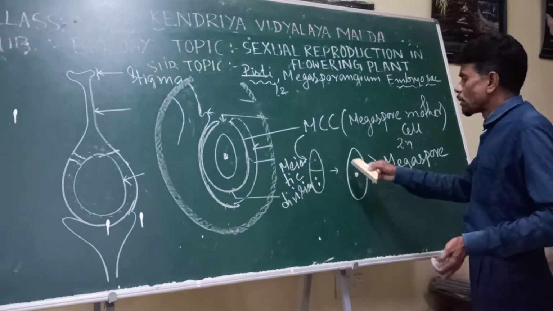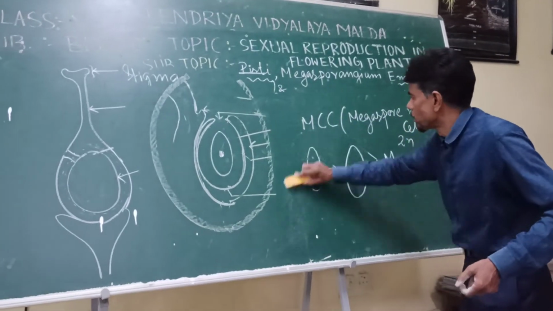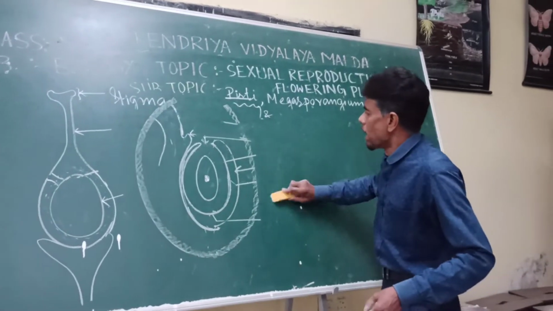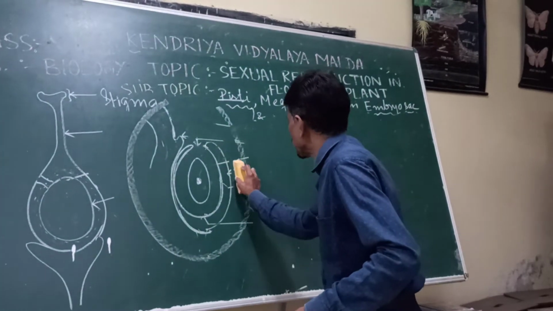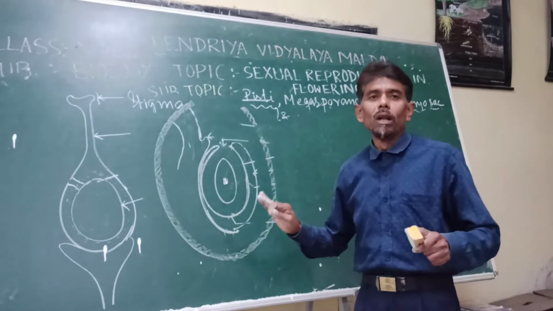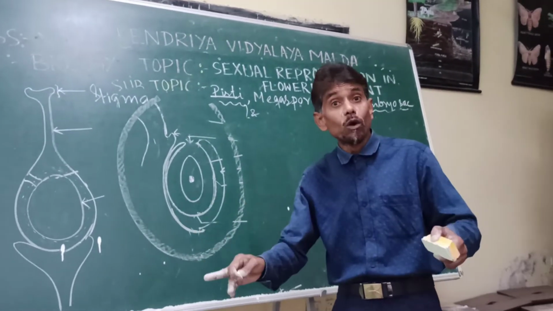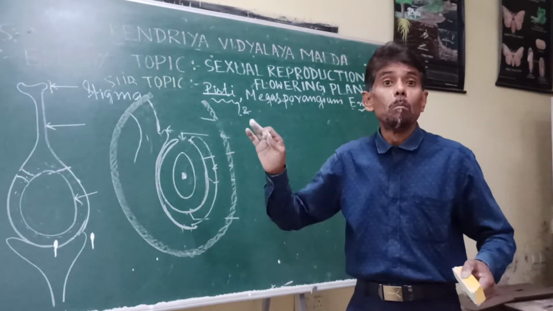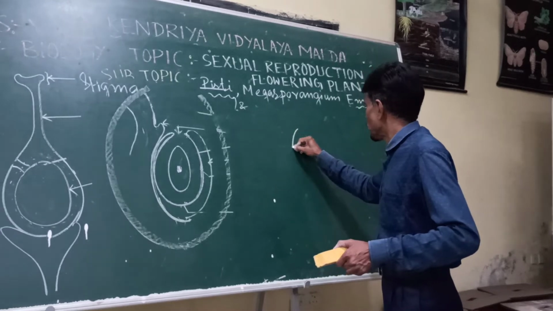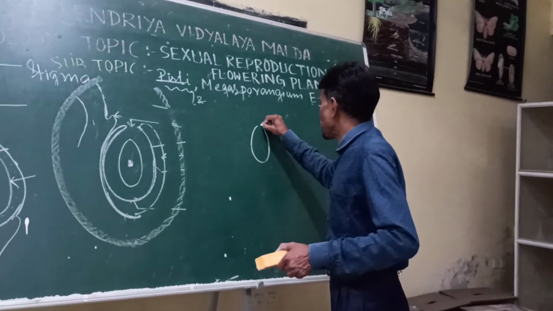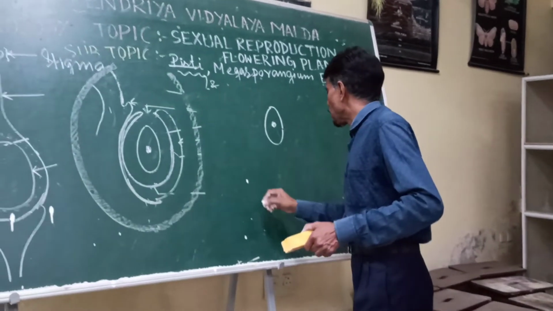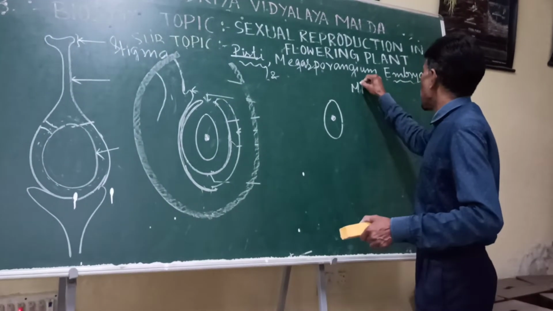Now let me rub this part also. The nucleus of the megaspore will undergo mitotic division. This time what is the division? Mitotic division. So if I separate this megaspore here, this is the nucleus. Now it will undergo what type of division? Mitosis.